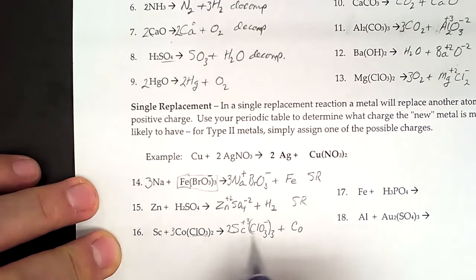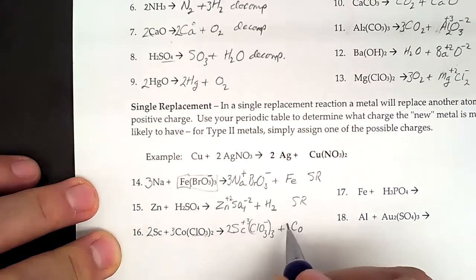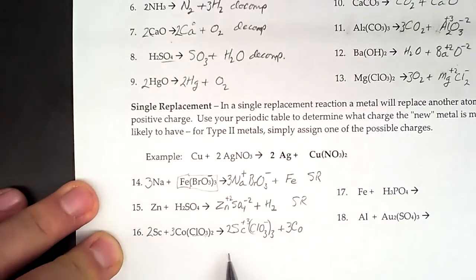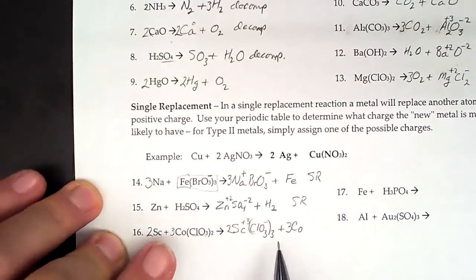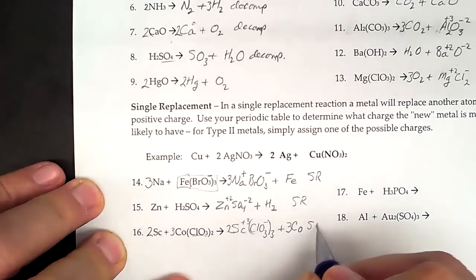So that's 6 over here and 6 over here. Now that makes 2 scandiums on the right, so I need 2 on the left. And I remember I made this 3 here, so that's 3 cobalts on the left, so 3 on the right. And you might double check that, but also you might ask yourself, do I have all even coefficients? And I don't, do I? So that's a good sign. And single replacement. I'm going to go on from there.